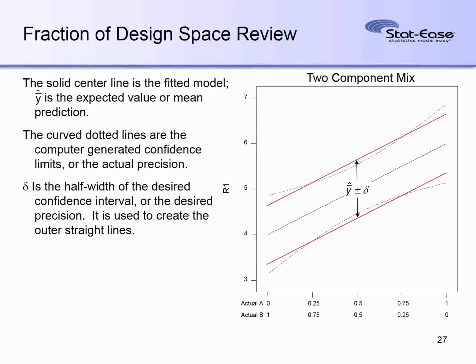That tolerance band is including a certain amount of what's going on. How wide can it be is the question you need to ask. And that's where you specify that plus or minus delta or D that I've been referring to. The red lines are your precision requirement. And you'll see some of the predictions are well within your precision requirement, but the ones on the extreme edge are outside your precision requirement.